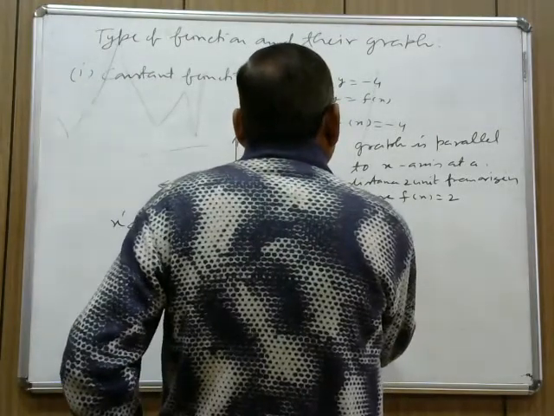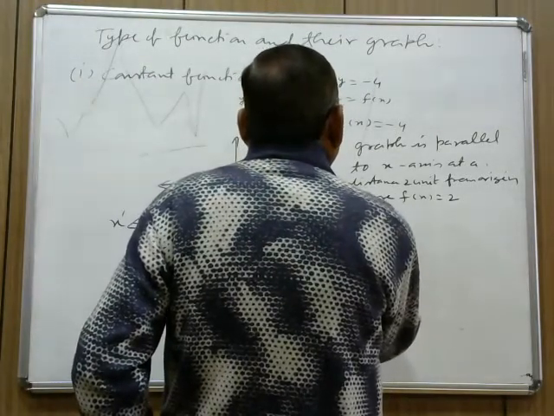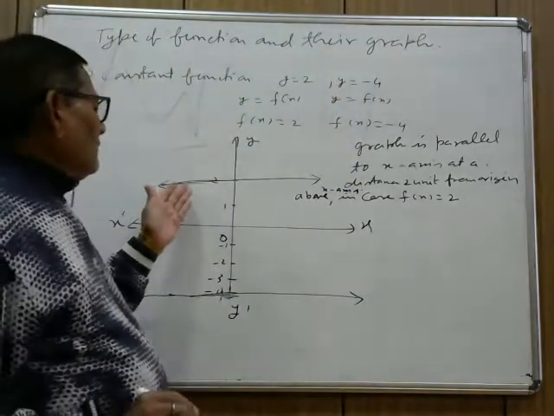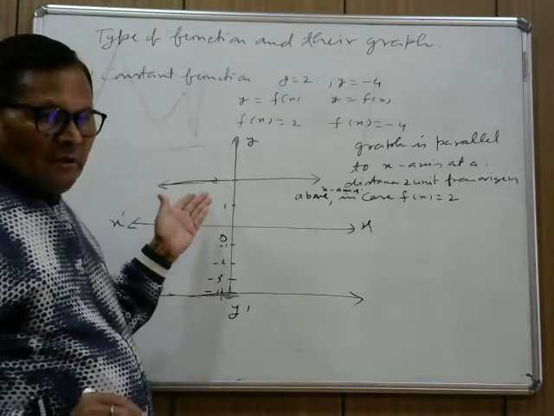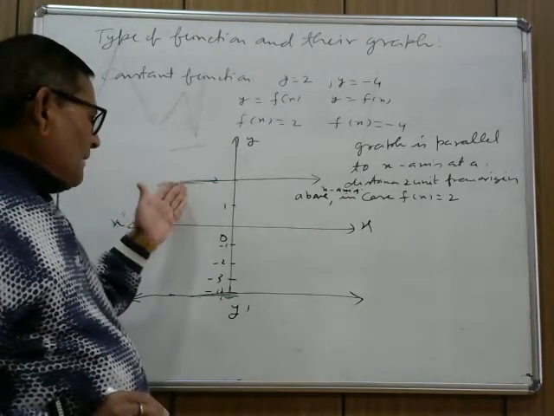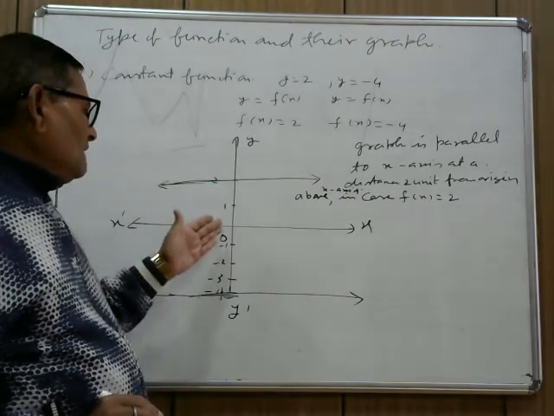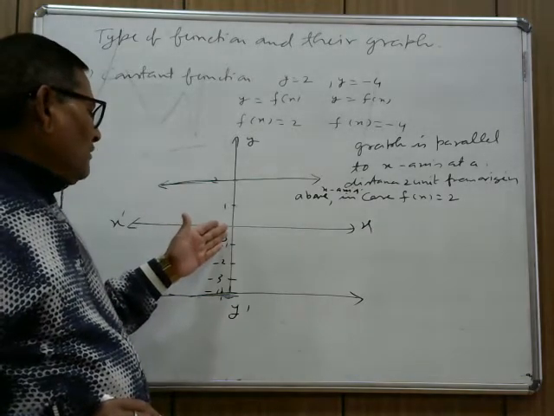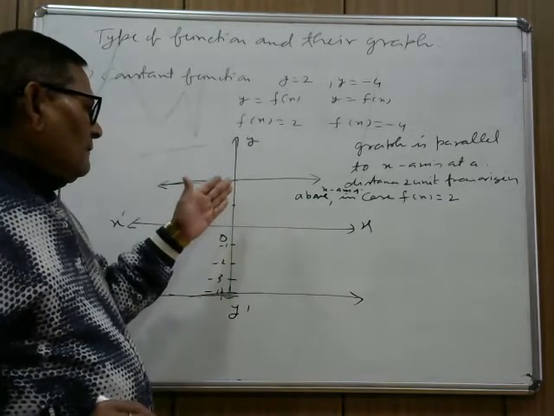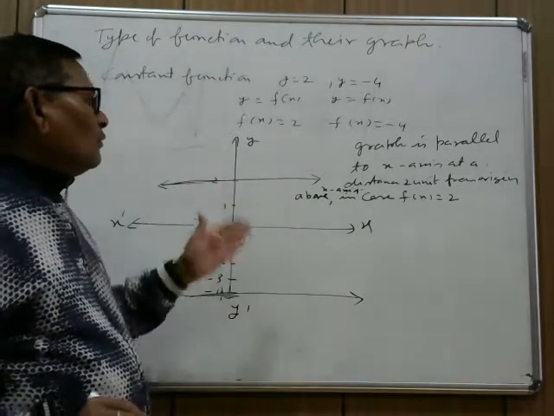You add the word above x-axis, one more word to define this clearly. Your graph of this function is parallel to the x-axis at a distance of 2 units from the origin above the x-axis, in the case of f(x) is equal to 2.